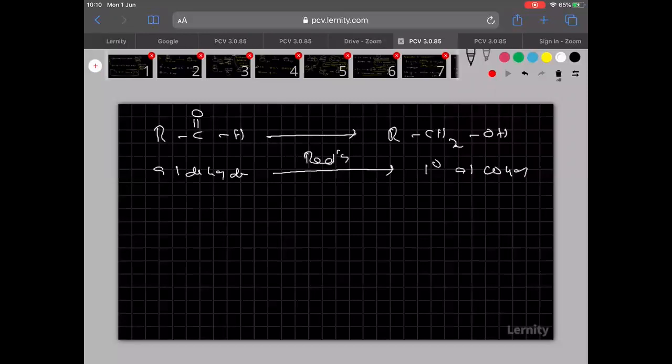Similarly, if I go in the backward direction, this is called what? Oxidation. Anyone remember this? I told you in the alcohols chapter. Primary alcohols on oxidation give aldehydes. Then if I go in the forward direction, reduction. So remember everyone, forward direction is reduction. Backward direction would be oxidation. I hope you are able to understand this one.